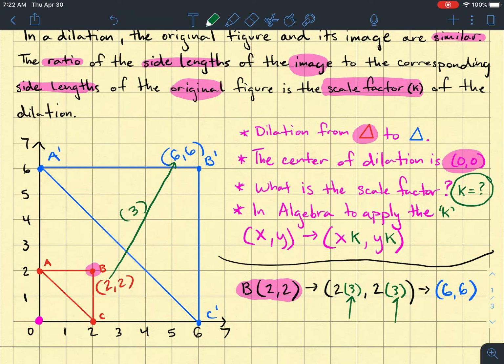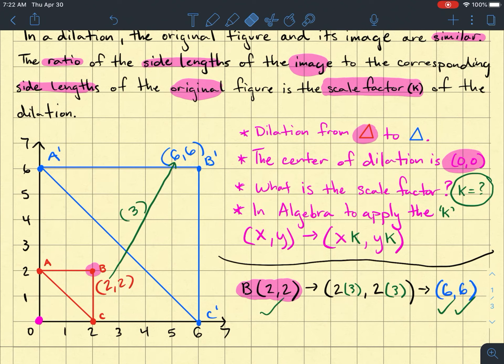If we multiply the original x and the original y by the scale factor, we get our image's new coordinates, new location. So for B at (2, 2), we multiply each coordinate, the x and the y, by the scale factor, which is 3. Then we get the new coordinates of the image, B prime.